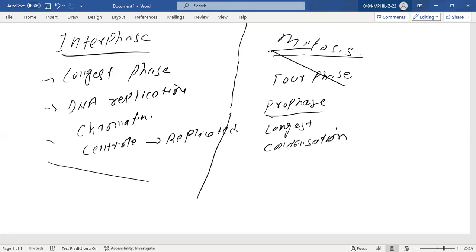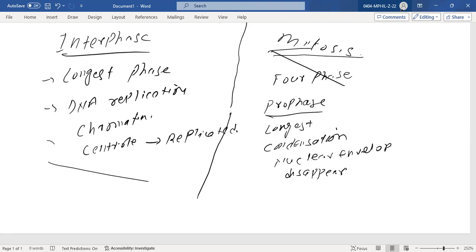Next. Nuclear envelope disappears. Yes, nuclear envelope disappears. Next, nucleolus disappears. Okay, fine. That's also part of it.